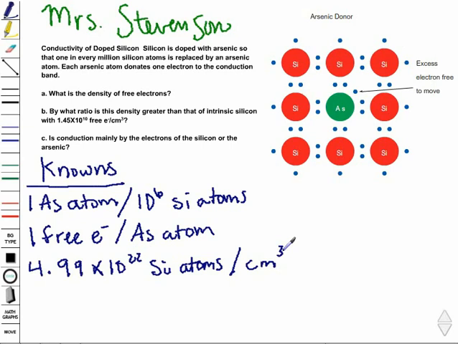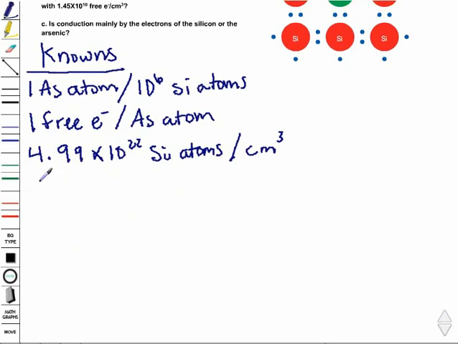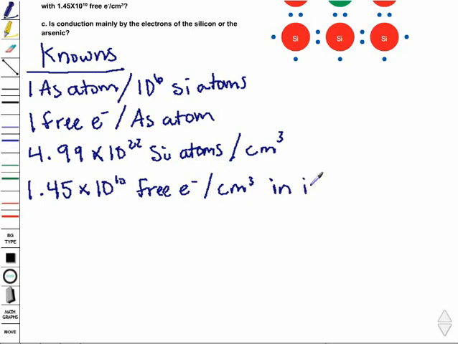This number comes from the density of silicon. And we're also given that there is 1.45 times 10 to the 10 free electrons per every centimeter cubed in intrinsic silicon.